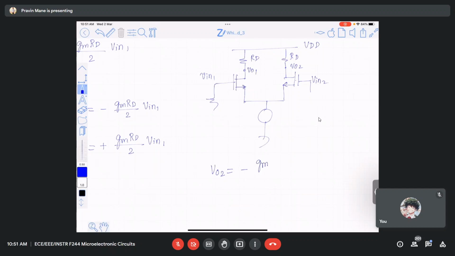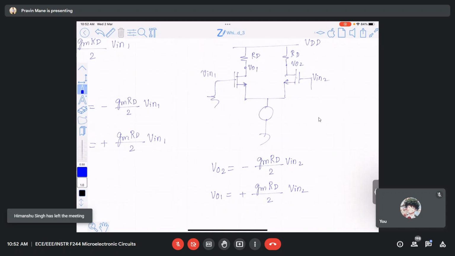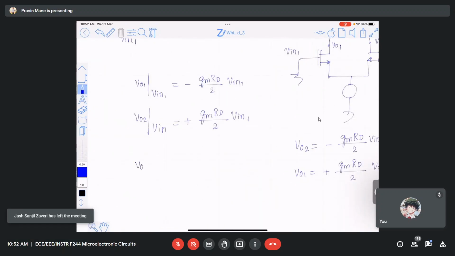Minus GMRD by 2 into V in 2. What will be VO1? Plus GMRD divided by 2 into V in 2. So first what should I do? VO1 minus VO2 because of V in 1. So this minus this, what will I get?